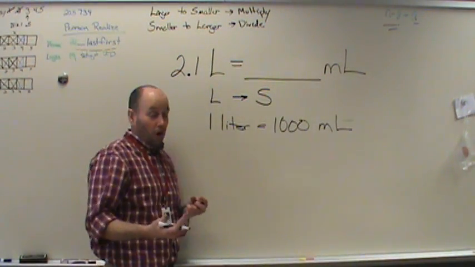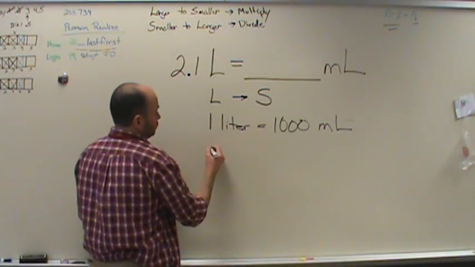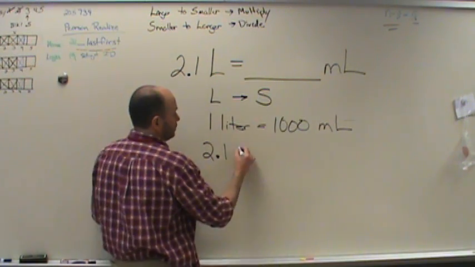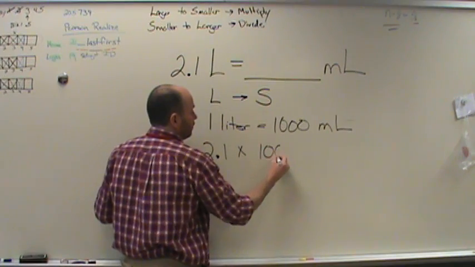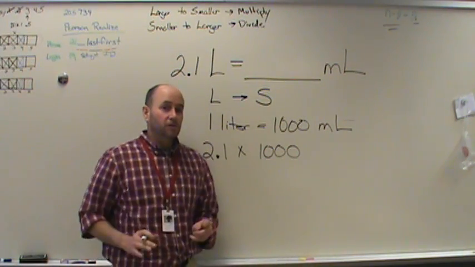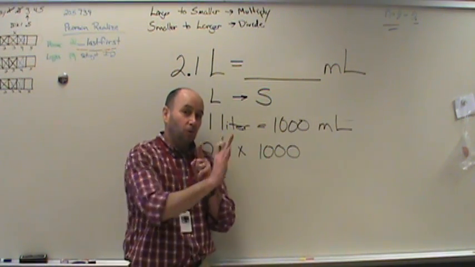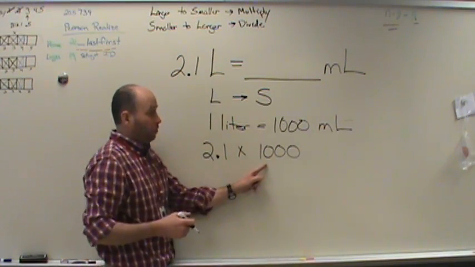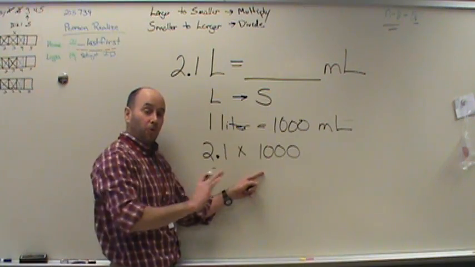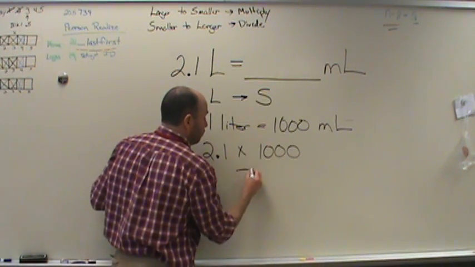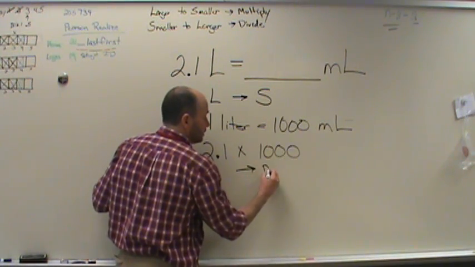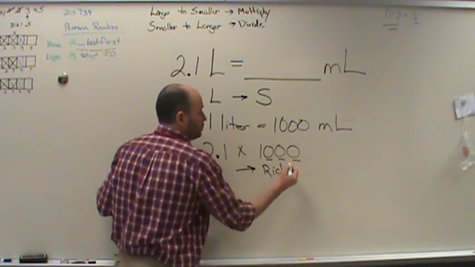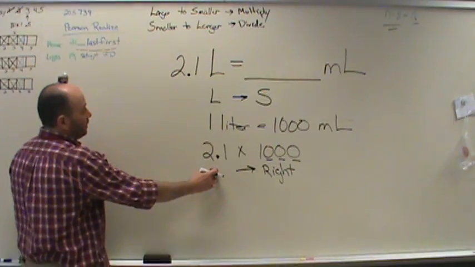So if we multiply, we're going to take 2 and 1/10 times 1,000. Now you can do this on a calculator, or you can use the rule of just moving the decimal point. If you are multiplying, that means that you are going to move the decimal point to the right the number of zeros.